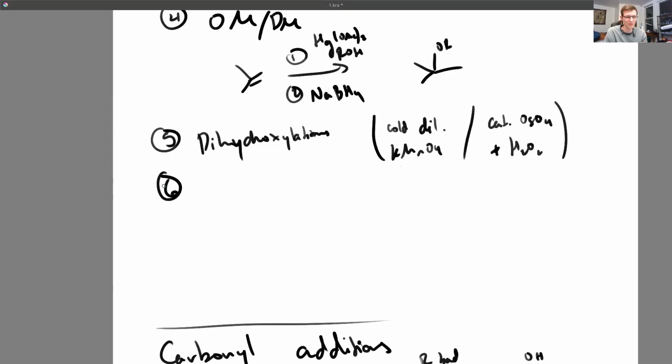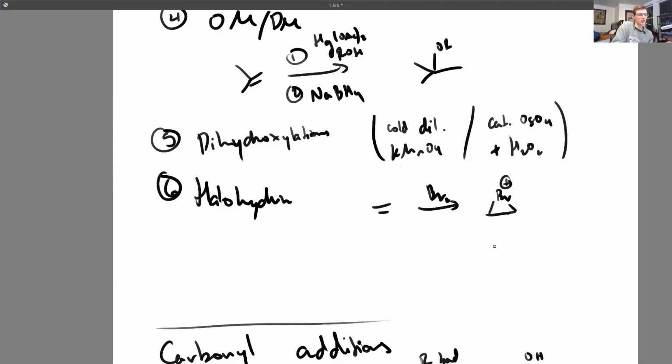A few more, but less interesting. You could use a halohydrin reaction. So that's another option. If you have this double bond and then you add bromine, without going through all the steps of the mechanism, you get this bromonium ion.